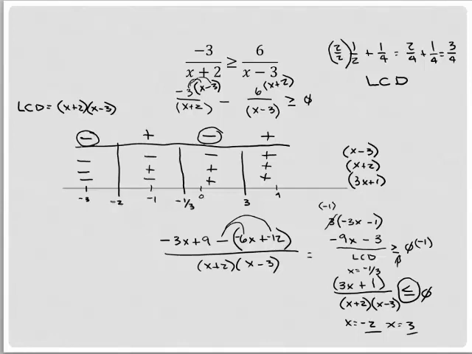Now let's try and describe these. We got an equal to? Yep, we got an equal to. So x is less than or equal to negative 2.